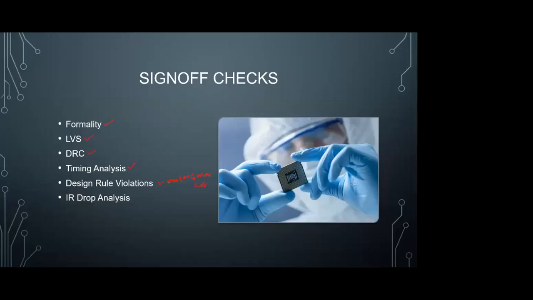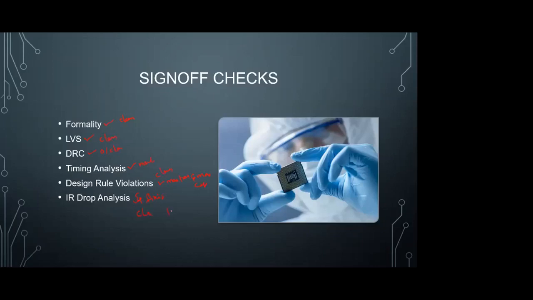We have to fix all this, and then we go for the IR drop analysis and fixing. If all these are clean, formality clean, LVS clean, DRC zero, timing met, DRV clean, and IR drop analysis fixes done with no IR issues, clean.